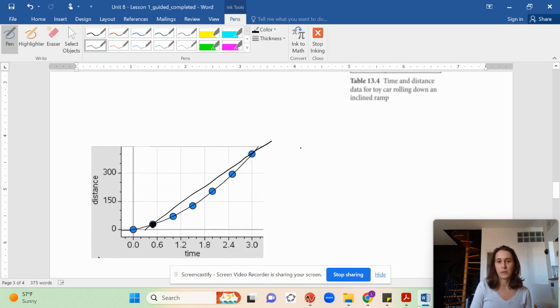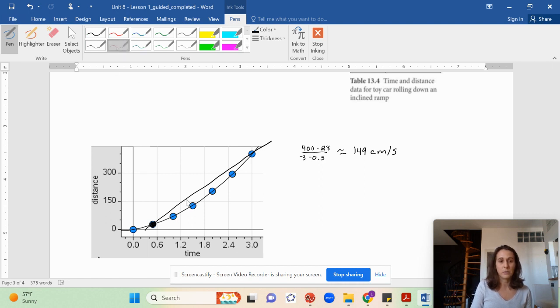So what was that? 400 minus 28 over 3 minus 0.5. And I have this already written down. It's about 149 centimeters per second is the velocity. Well, that's probably going to be much faster than it actually is at 0.5 seconds.